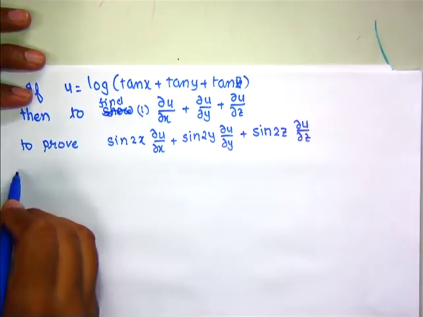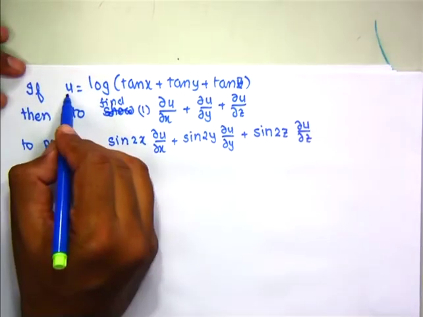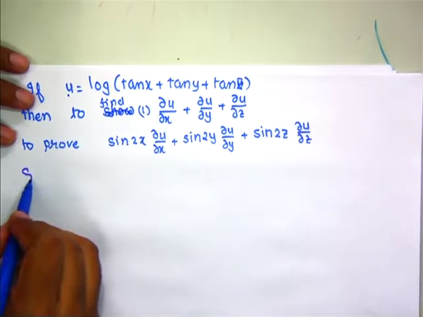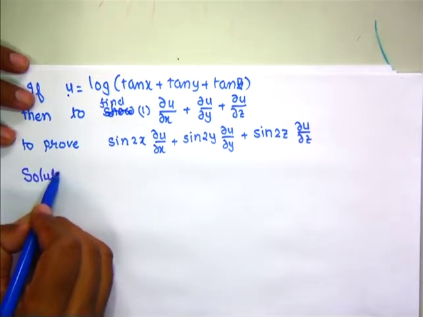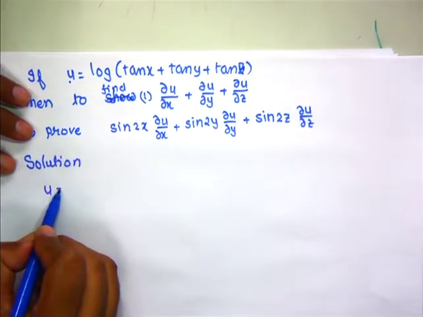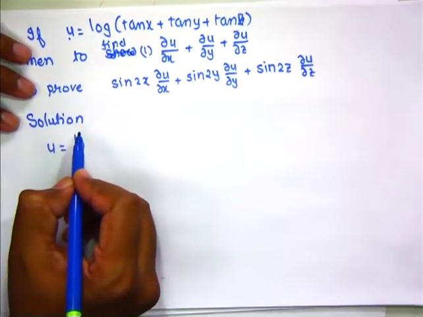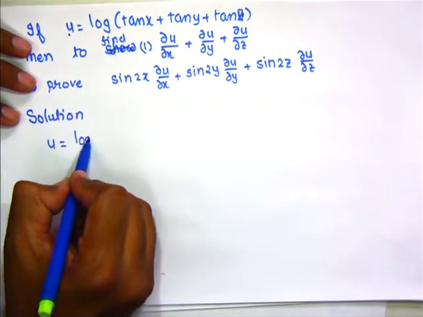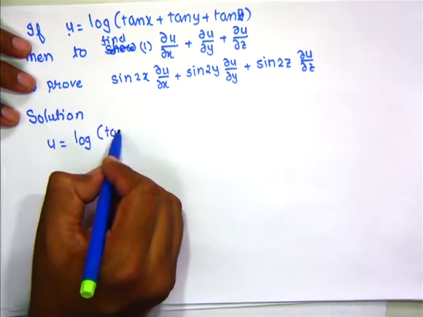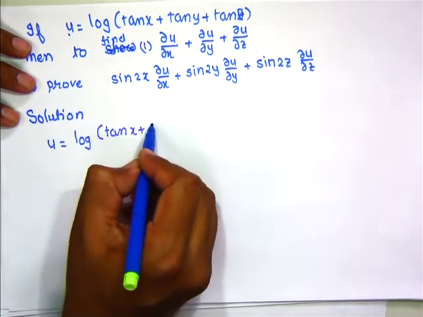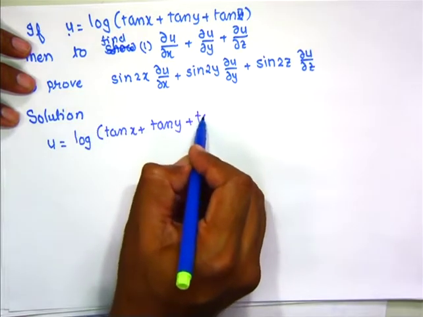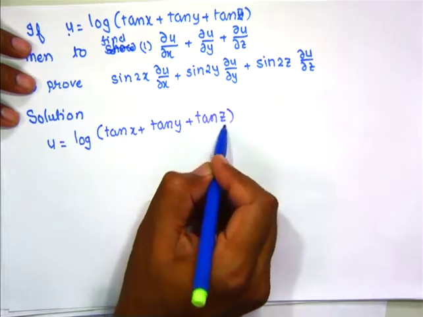For this, we need to find the partial derivative of u with respect to x, with respect to y, and with respect to z. So we start from the given function. u is equal to log of tan x plus tan y plus tan z. This is given.